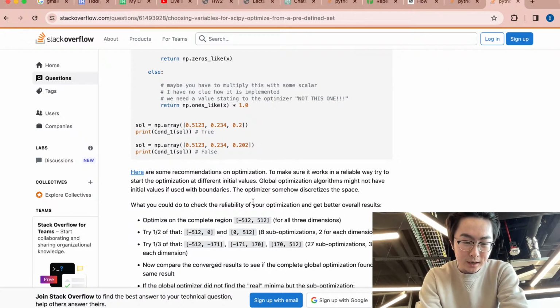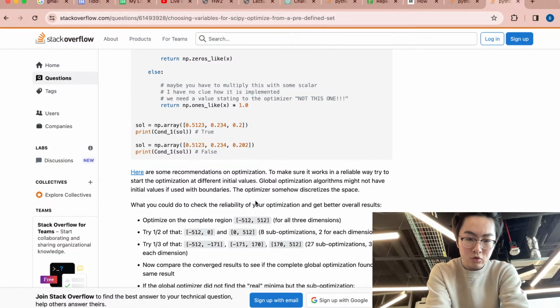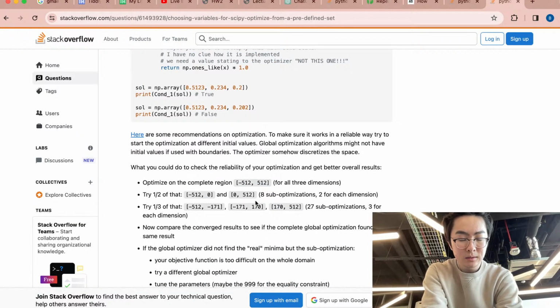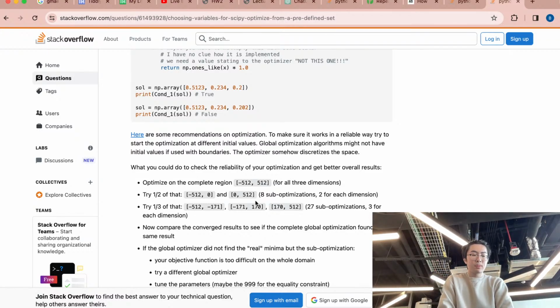Man, yeah, this is pretty complicated. Target return.